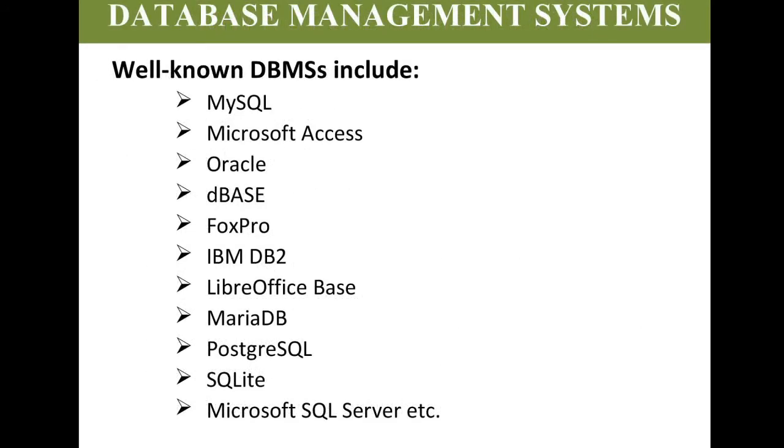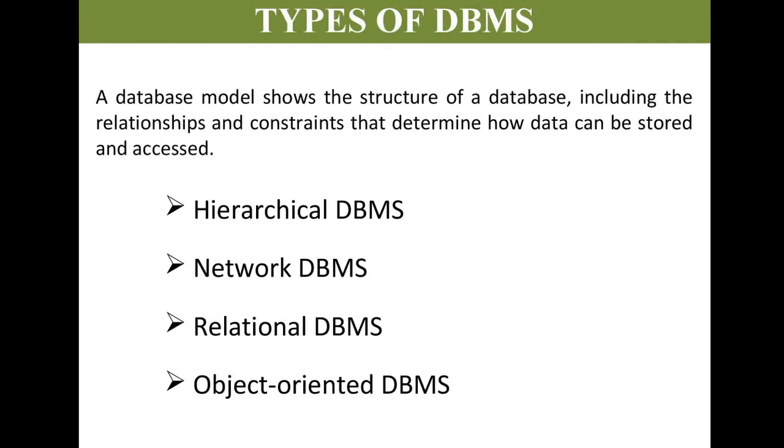And these are all the well-known DBMS software which you people will know better than me. Some people might have worked in these particular systems related to this software. These are the types of DBMS: hierarchical, network, relational, object. Hierarchical means, as you will know, depending upon the hierarchical structure.